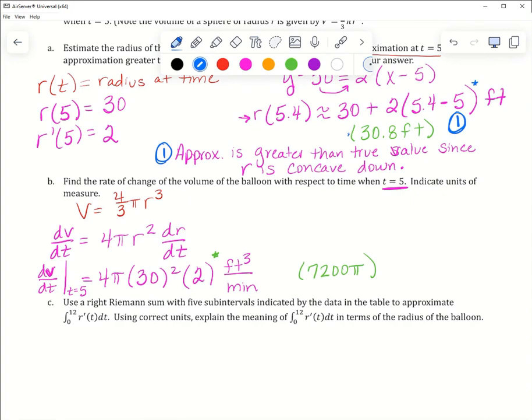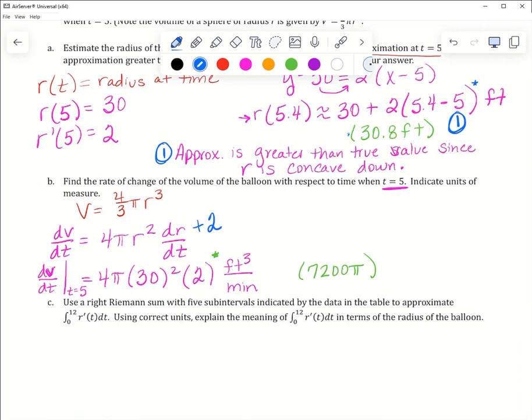But okay, so here are the points. In this line, doing this derivative with respect to time was 2 points. So if you put dv dt and you forgot the dr dt, I gave you 1 out of the 2. Or if you made a mistake, I could give 1 point. If you knew to take the derivative of volume and something was right, I could give you maybe 1 point.